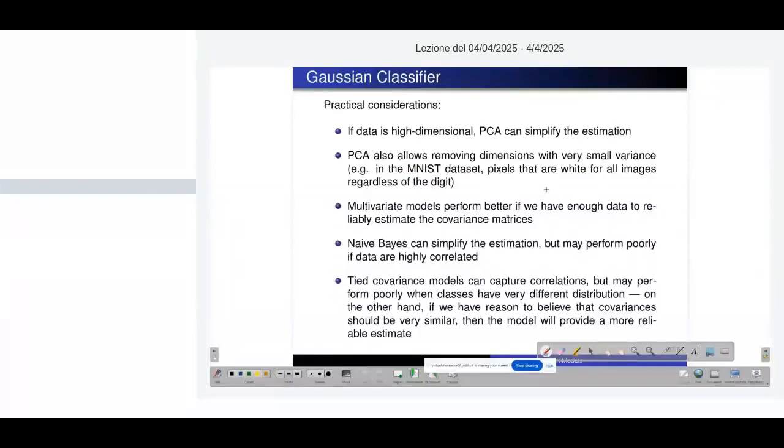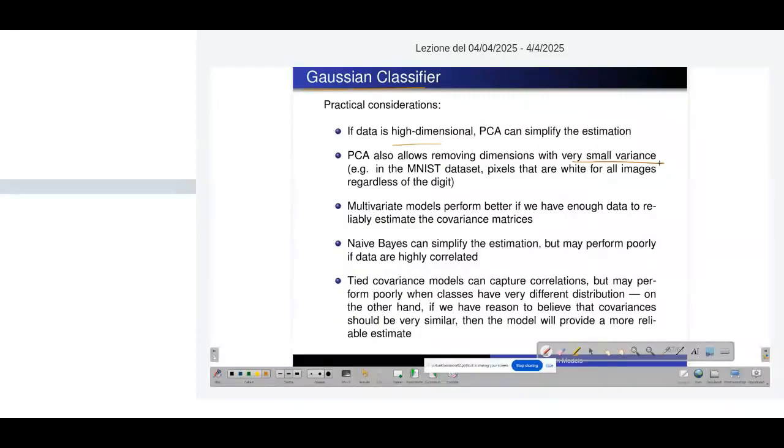Then, when we use the Gaussian classifiers, again, we need to make some practical considerations as when we use LDA and PCA. For example, we have seen that LDA suffers from high-dimensional data. Why? Because I may have directions where the within-class covariance is almost zero. This is even worse for the multivariate Gaussian. For the tied, it's the same issue. It's the same model, so it's the same issue.